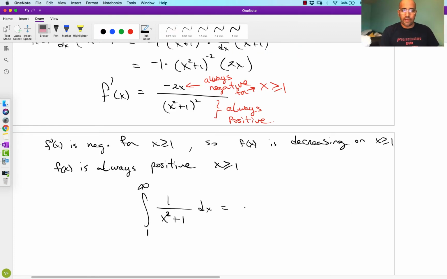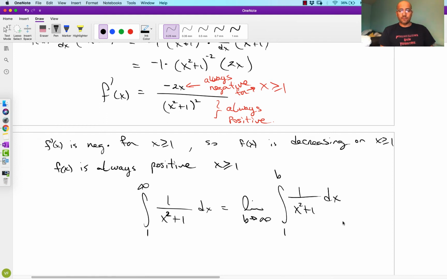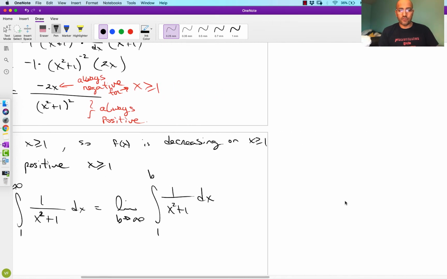Okay, so then we can't integrate that directly, so we change this to the limit as, say, b goes to infinity of the integral from 1 to b of 1 over x squared plus 1 dx. Now this can be a tricky integral unless you happen to remember your derivatives of your trig functions.